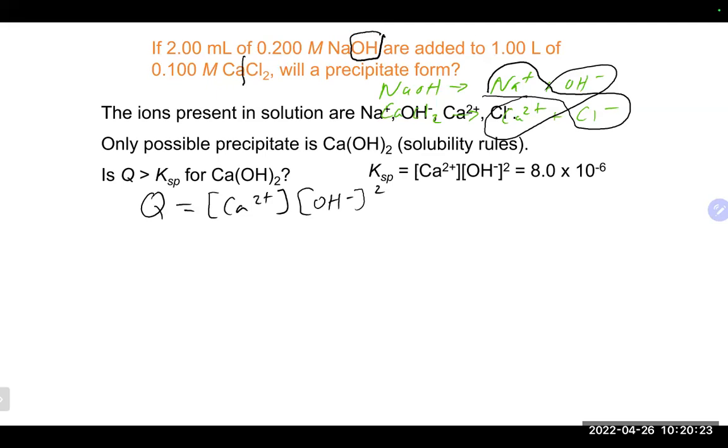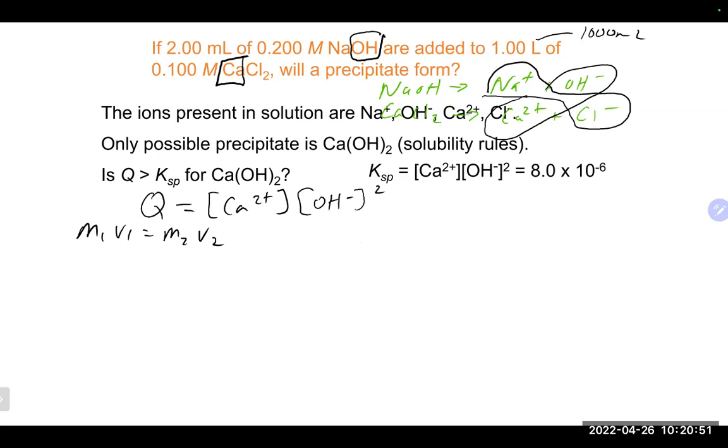And our calcium chloride is going to be our source of calcium. But we want to know the concentration when we put them together. So this is again like an M1V1 equals M2V2 situation. I am going to convert this into milliliters, so I have everybody in the same unit. So I'm going to do 1,000 milliliters of that guy.